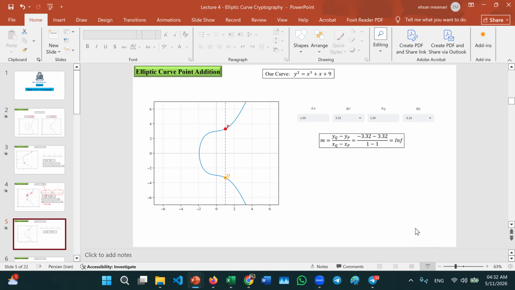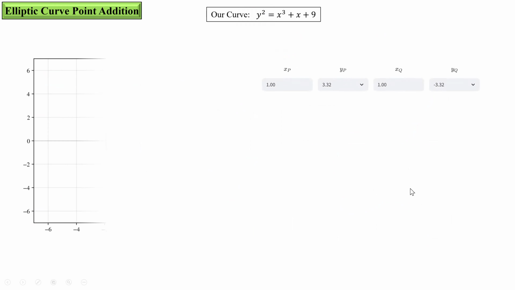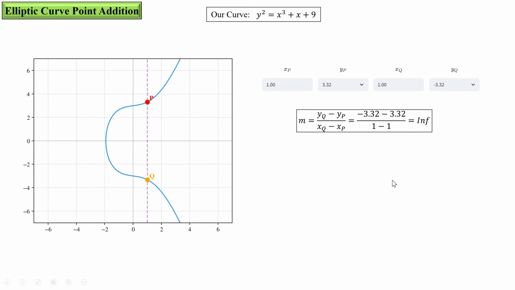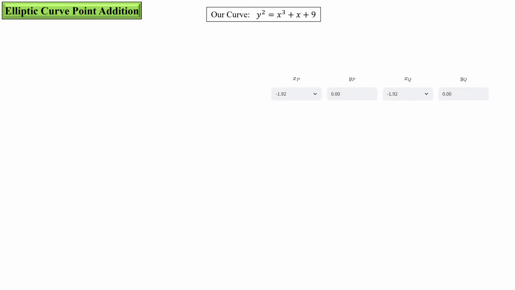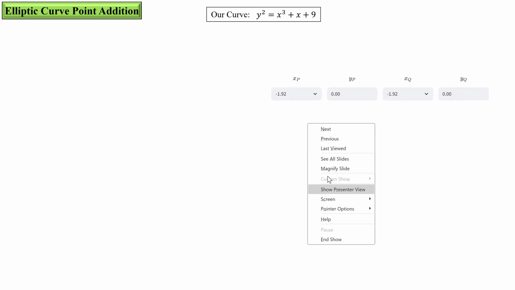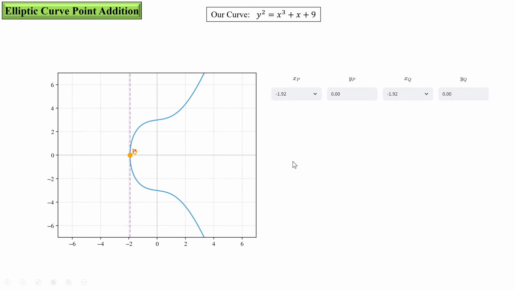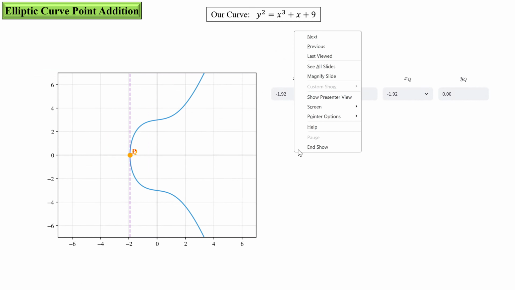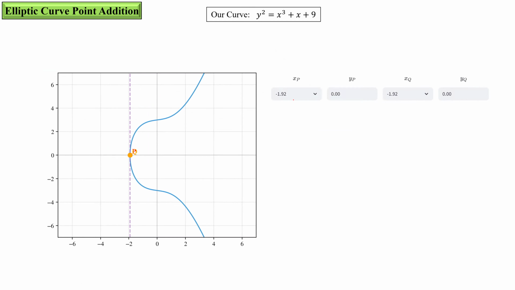Okay, and now the final form, when the two points are simultaneously equal to each other, and also the line passing through the two points is a vertical one. So again here the x coordinates of the two points are equal to each other, and the y coordinates of the two points are equal to each other.